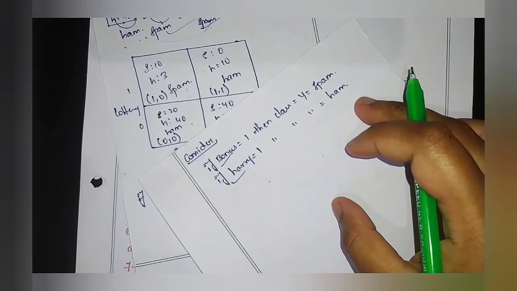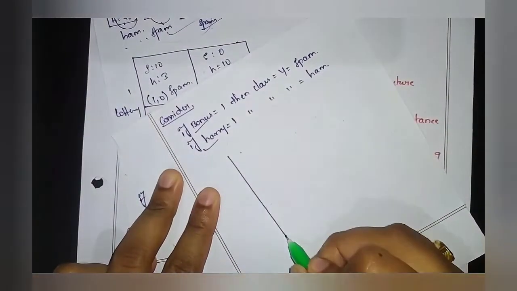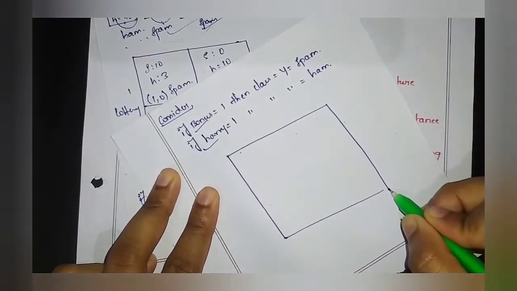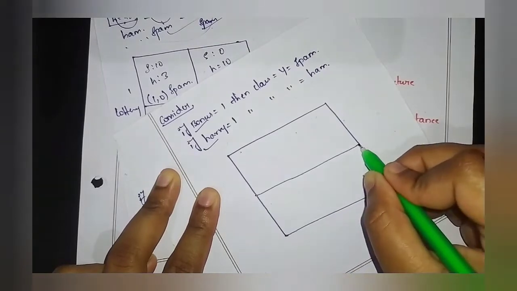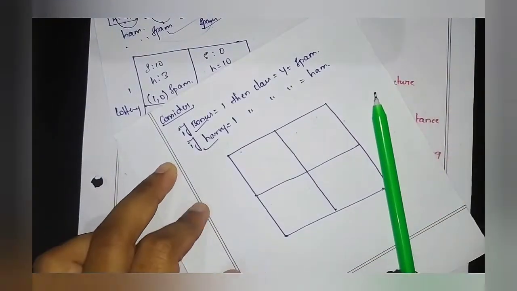So now in this case, we can draw an instance space. Let me use some colors.